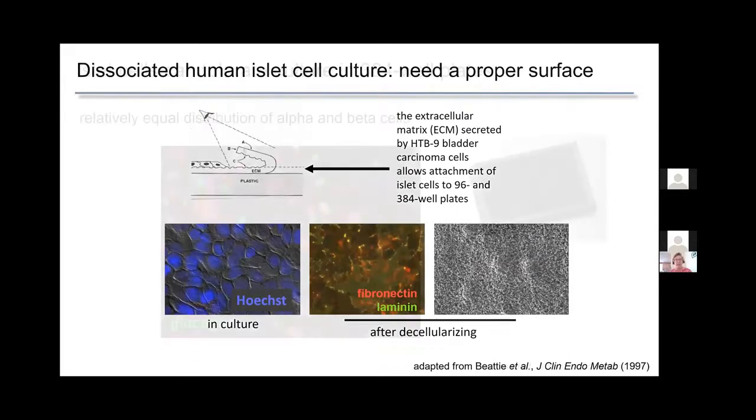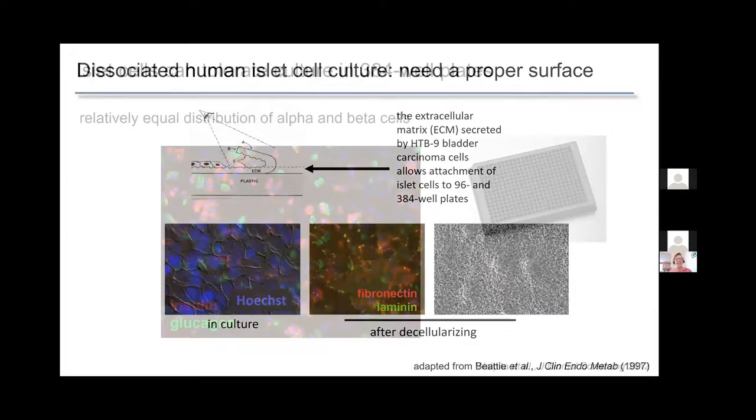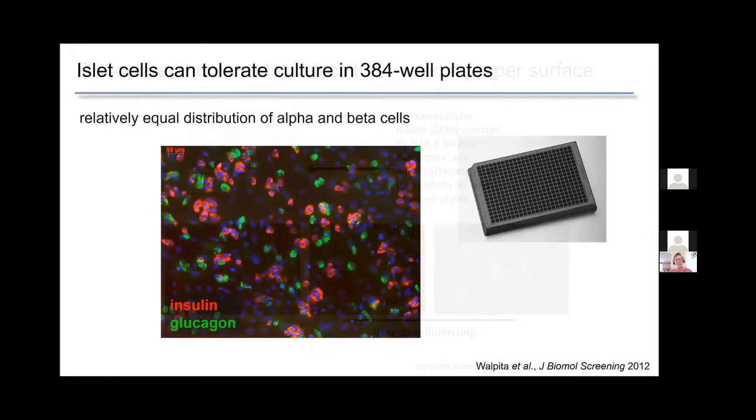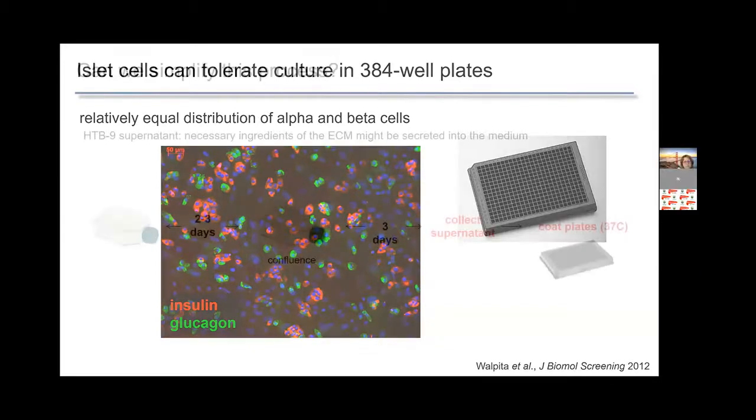However, when we do this, we can then dissociate islets, we'll get to that in a moment, and culture them on top of this ECM surface. When we do that, we can also then, at the end of the culture, stain them for insulin and glucagon, for example. And as we would expect from a human islet, we see a roughly equal distribution of alpha cells and beta cells in culture.